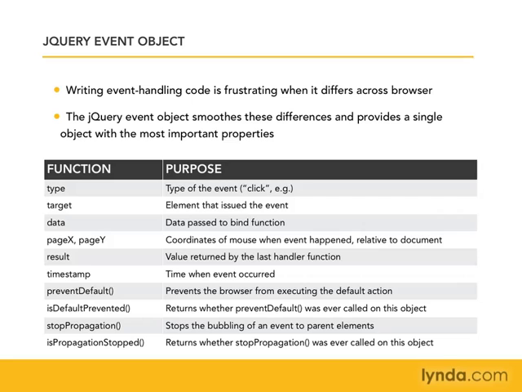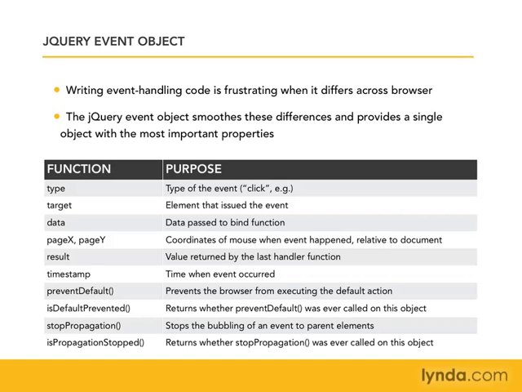The result property is the value that was returned by the last event handler function, as long as the return was not undefined. And the timestamp is in milliseconds, and that's the time when the event occurred.